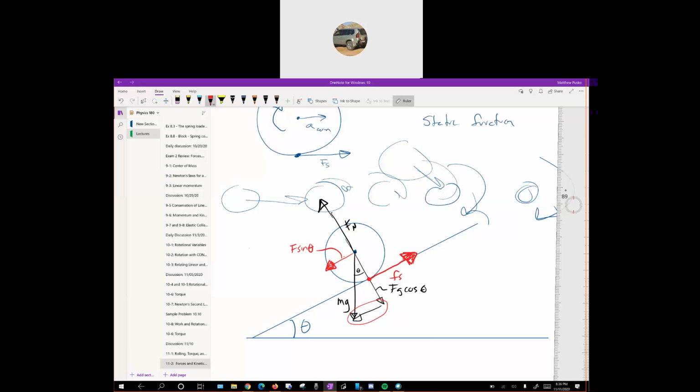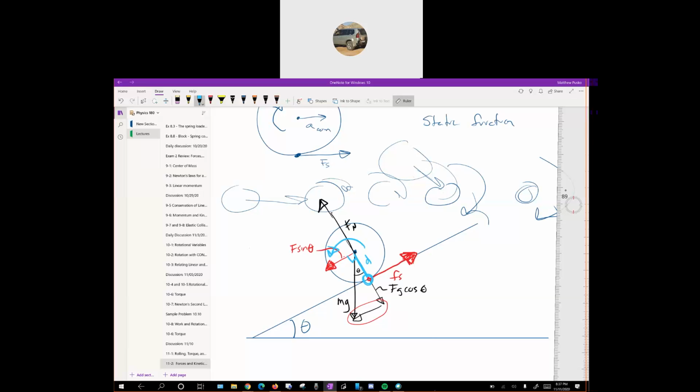What's happening here? Well, we have a torque. There's some distance that this is acting, right? Some distance that the force is acting perpendicular to, and that's causing this thing to rotate. It's rotating about this point of contact between the plane and the object.